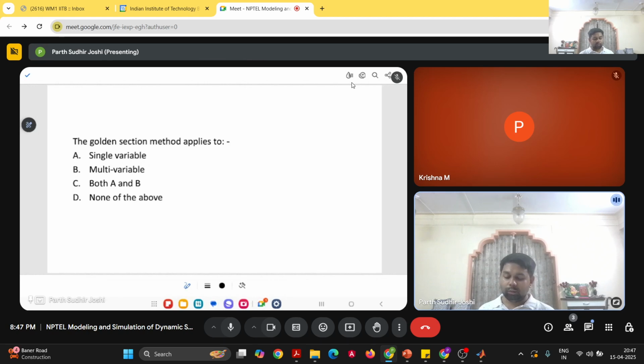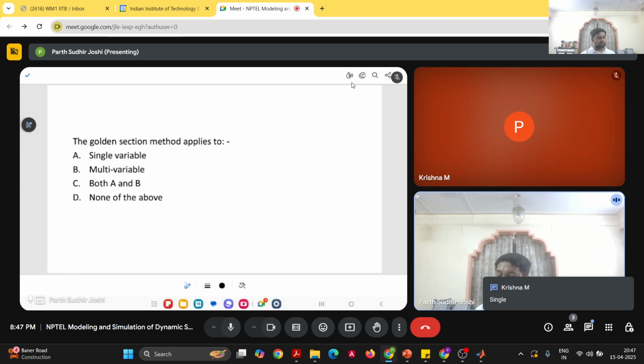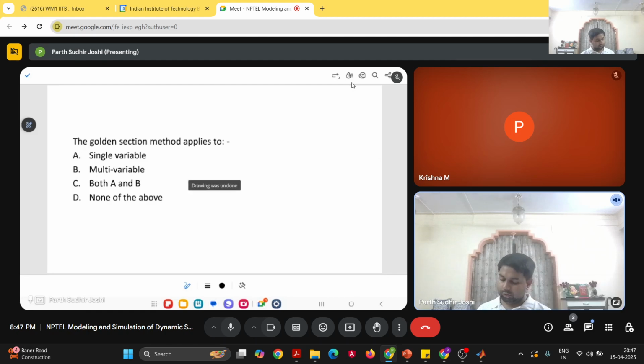So the golden section method applies to what? Single variables or multivariables or both A and B? Right, the golden section method actually applies to single variable problems. So the correct answer to this question is single variable.